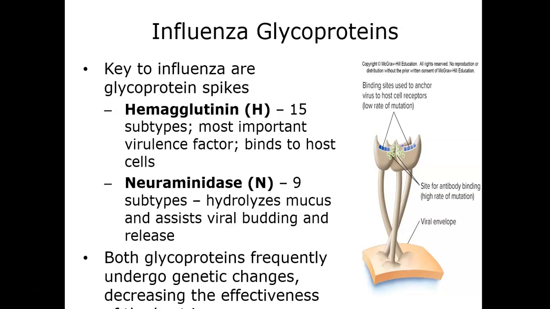That's why every year the vaccinations are tweaked and modified, and you have to receive a new influenza vaccination each year because of those changes to specific places on the virus, like hemagglutinin and neuraminidase.